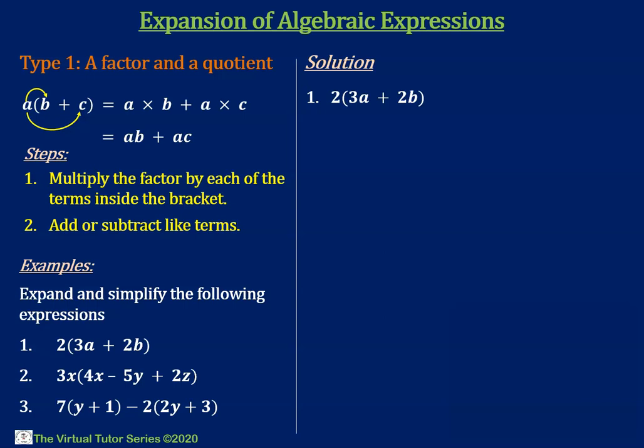The first step is to distribute the factor over the terms within the bracket. So we have 2 times 3a plus 2 times 2b. 2 times 3a is 6a and 2 times 2b is 4b. Since there are no like terms, we leave it as it is.